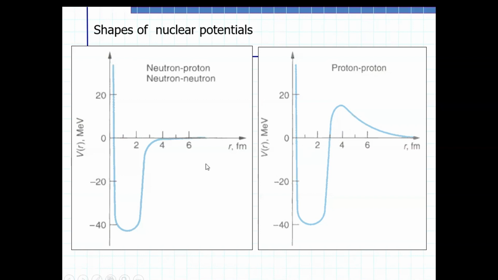So after going through these shapes, we have a little bit of ideas about the nucleus. We have now seen the force and the radius and how the nucleus is shaped, and we now have the idea of the binding energy.